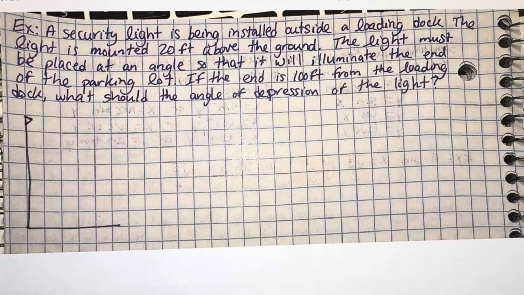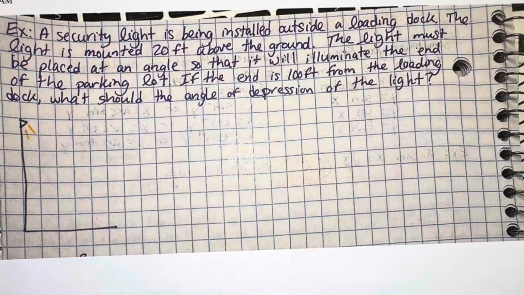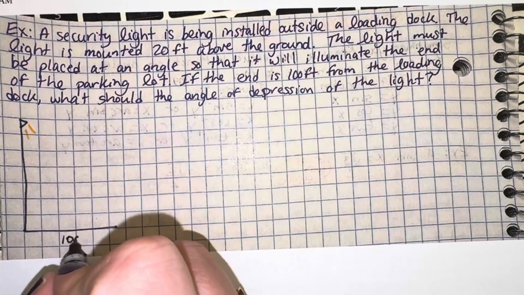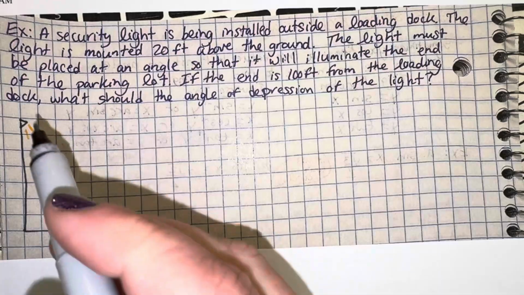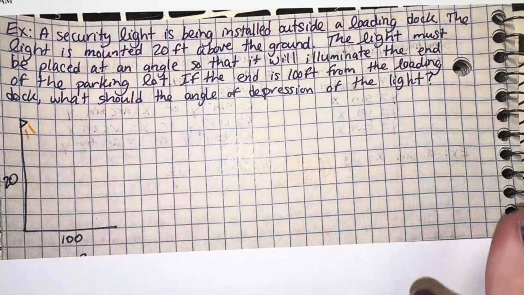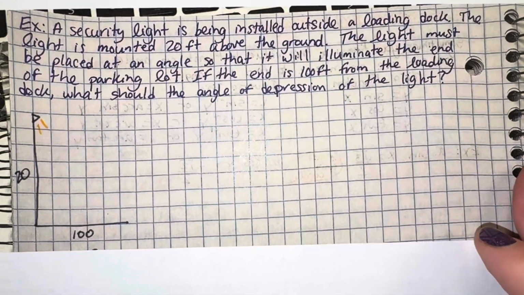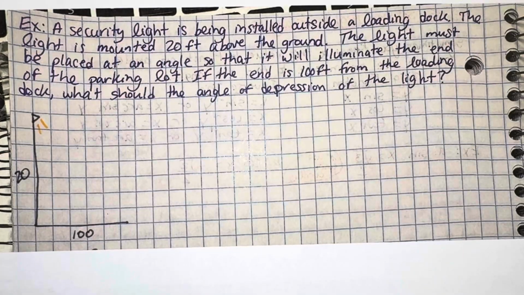I know that this distance to the end of the parking lot is 100 feet, and I know this light is 20 feet above the ground. My picture is not at all proportional, but that's okay.